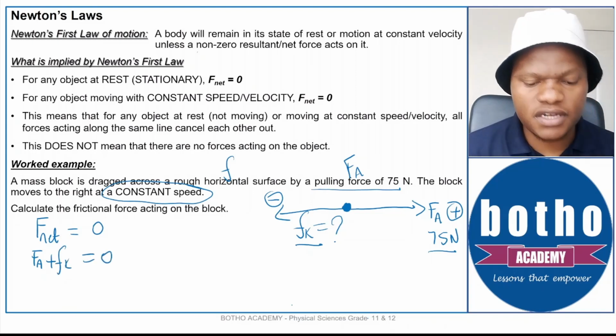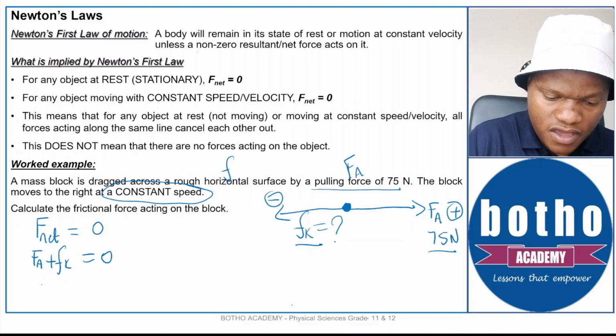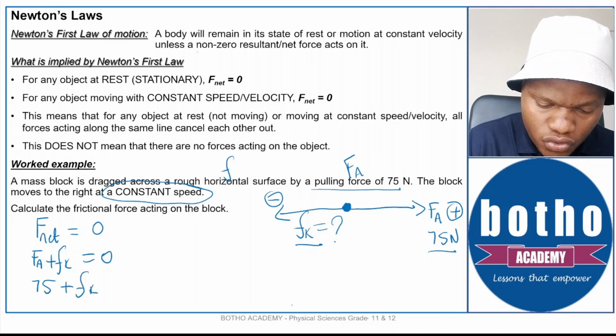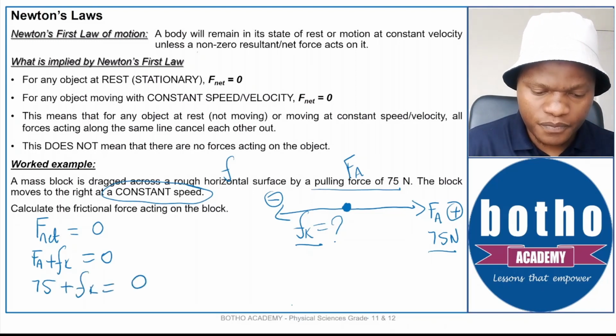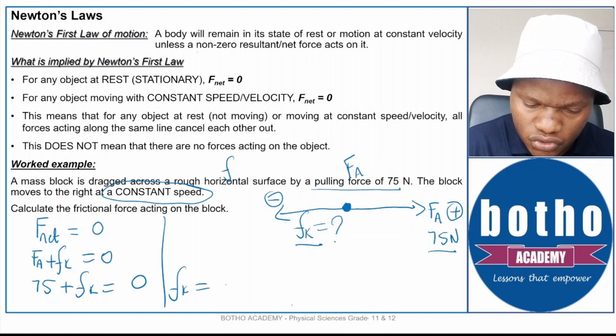The two of them added together are going to give us 0. When we substitute, we have Fa, which is 75, positive because it's going to the right, plus Fk, which we do not know its value, is equal to 0. If you transpose, we get that Fk is equal to negative 75.